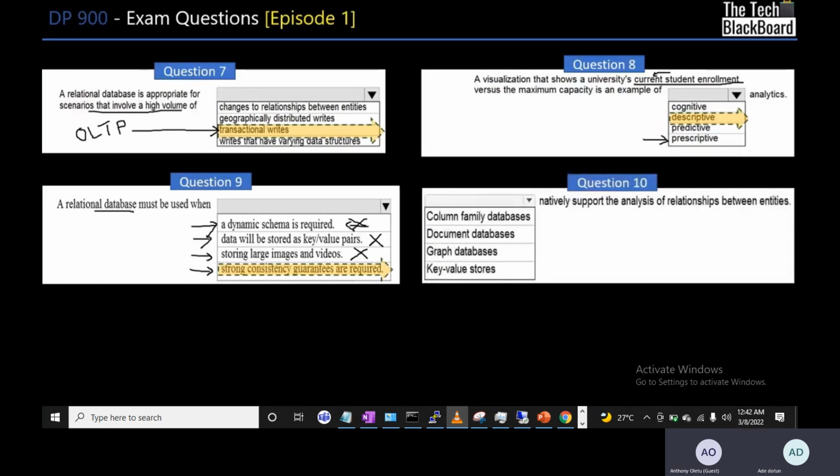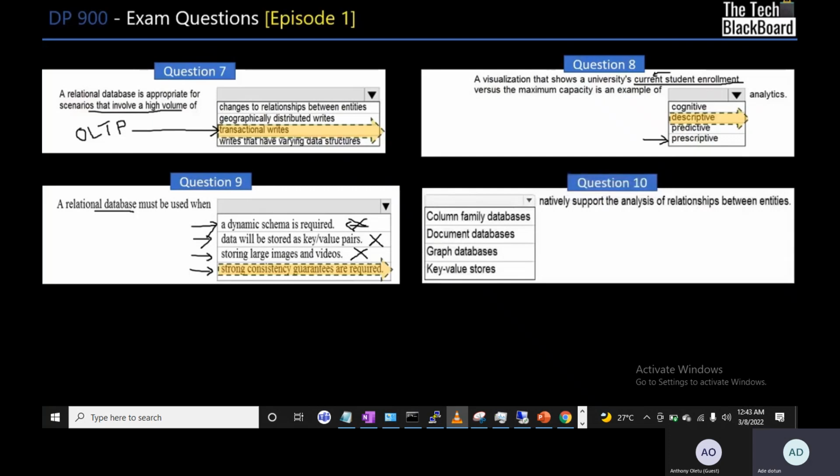I'm looking at column family database. I hope I don't miss this one this time around. We've not gotten to this one, but this should be graph database.